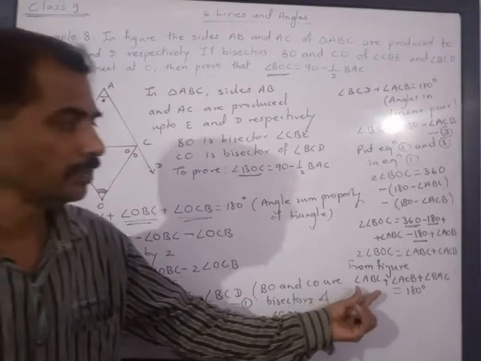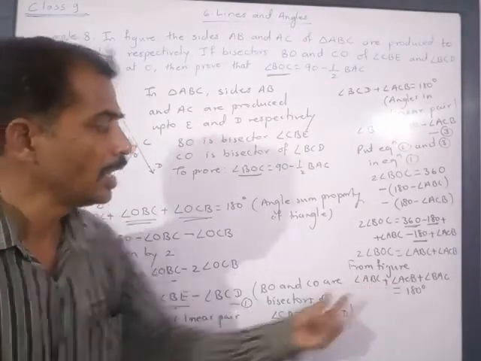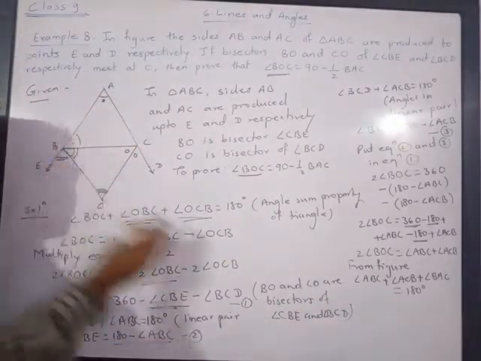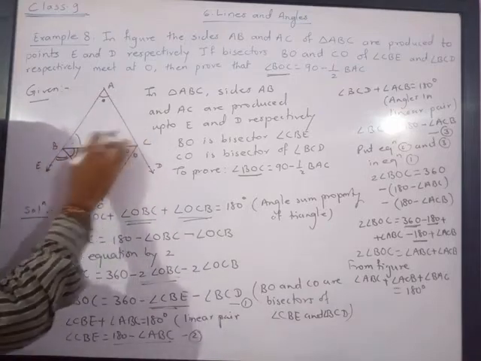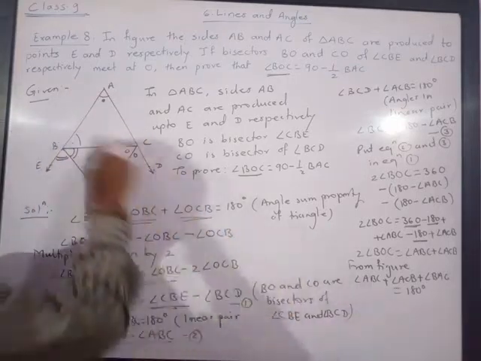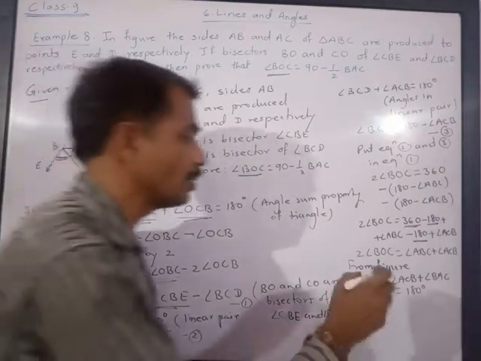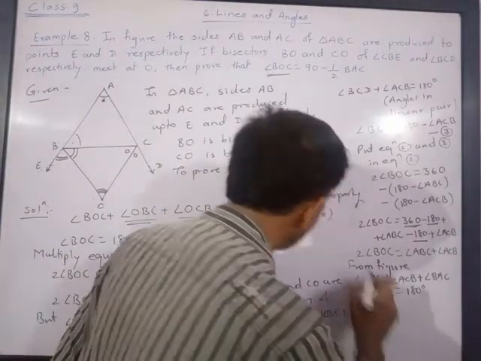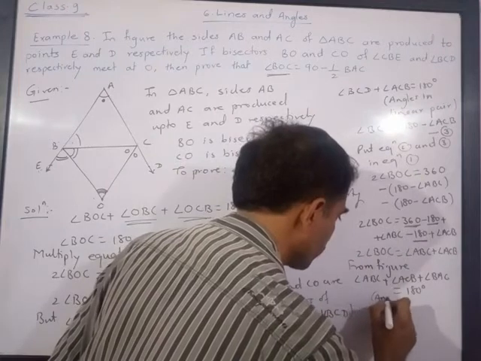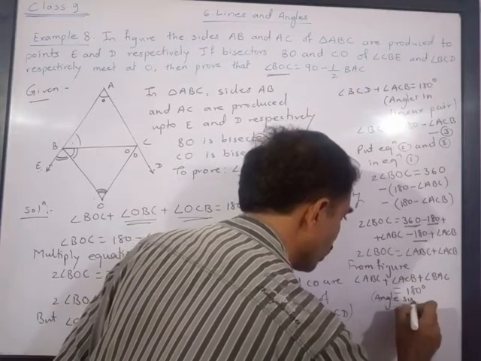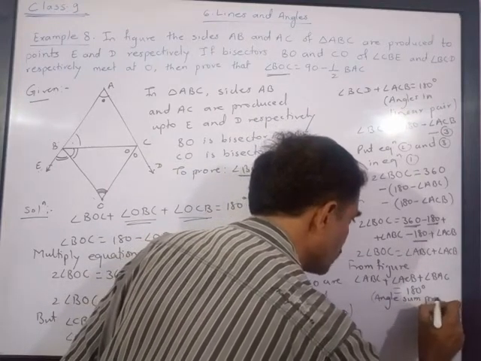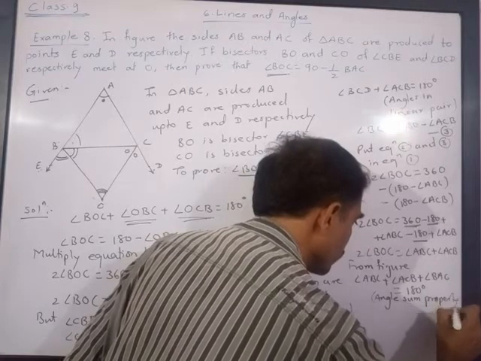Angle ABC means this angle, ACB means this angle, and BAC means this angle. The sum of interior angles is 180 degrees.